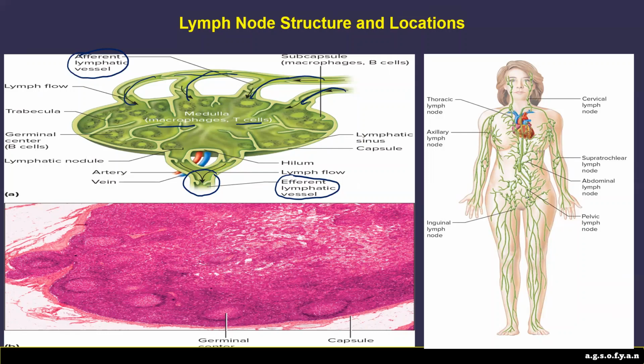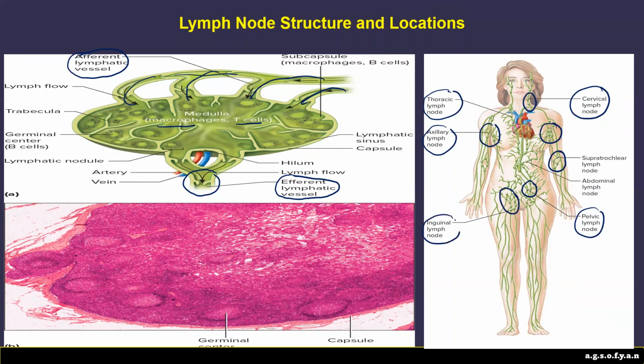This is how it looks under the microscope. And then these are the locations. This is cervical on the neck, thoracic lymph nodes on the chest area, axillary lymph nodes in the armpit, supratrochlear lymph nodes, pelvic lymph nodes, and the inguinal or groin area lymph nodes.